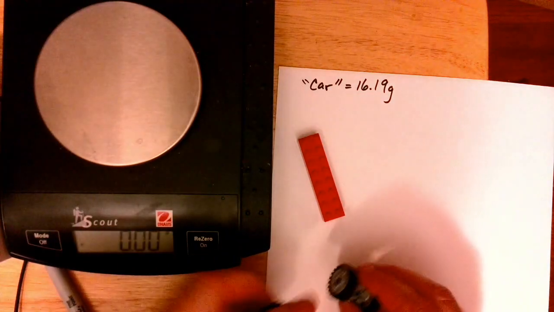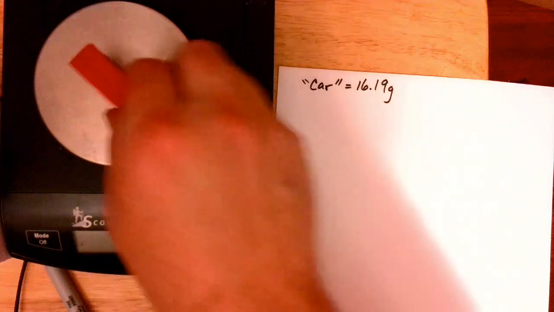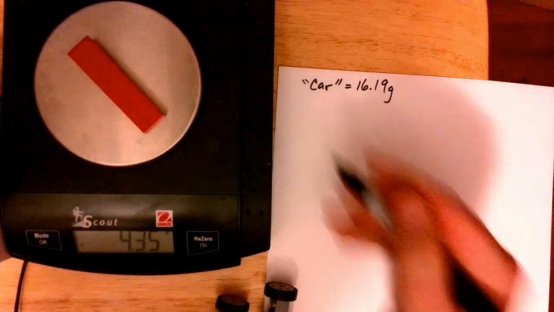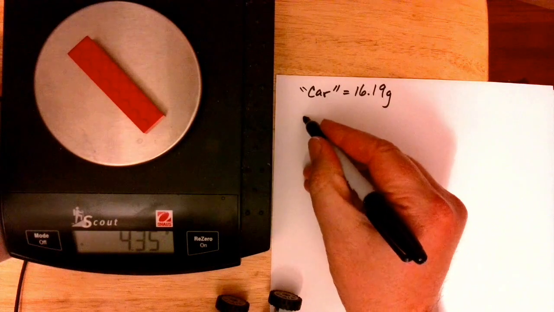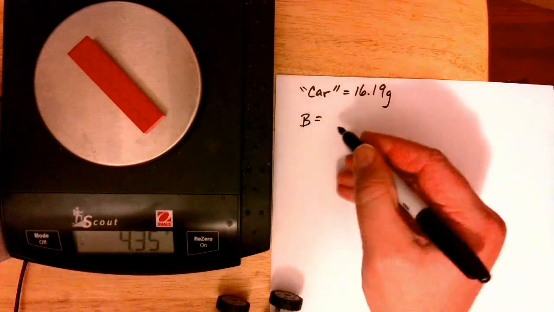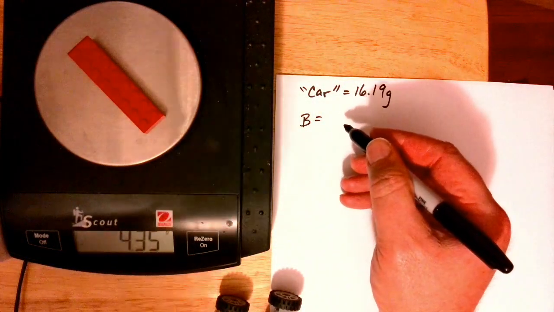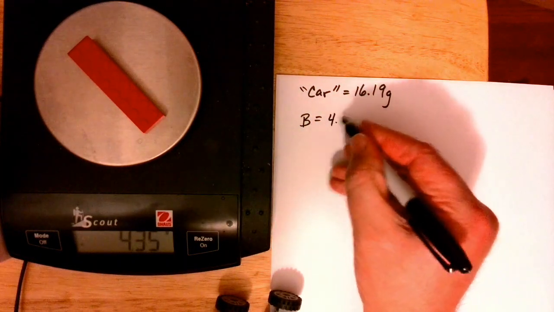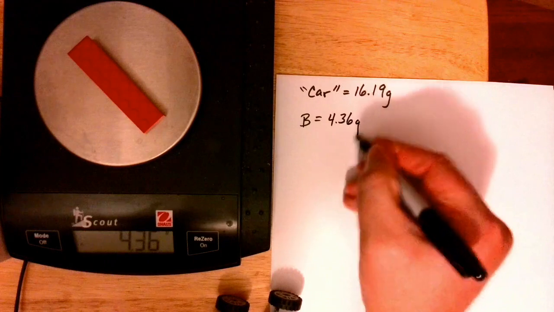As you can see here, we have a body, and the mass of the body of the car is, I think, about 4.36 grams. The numbers fluctuate a little bit, and that's okay.